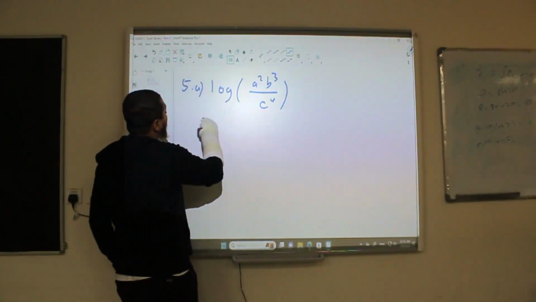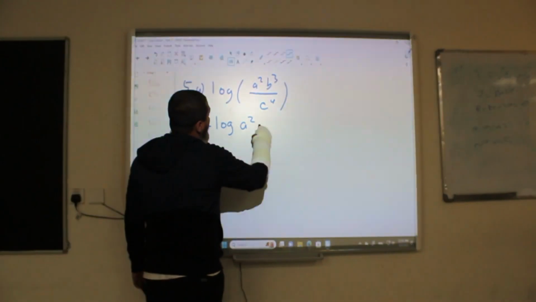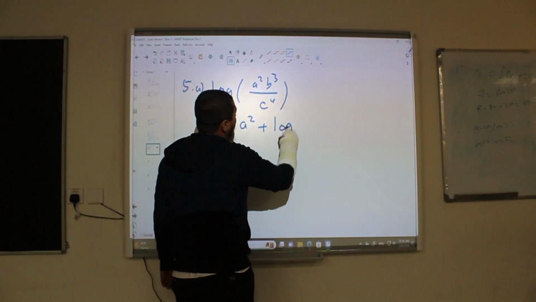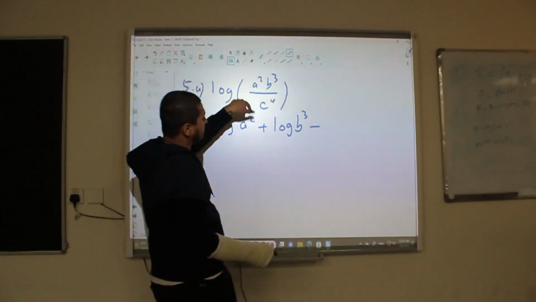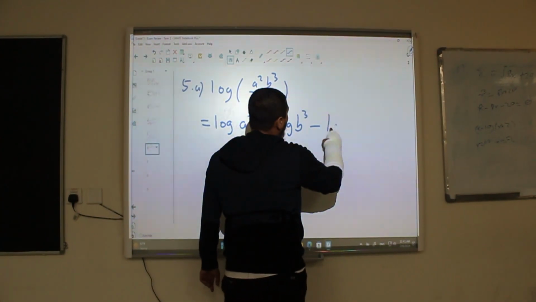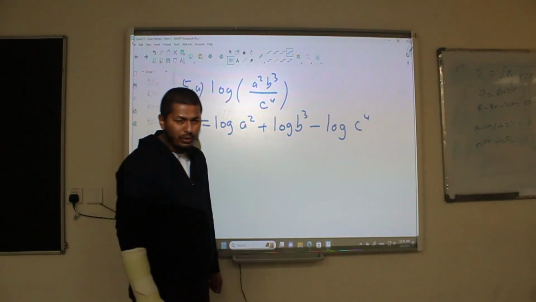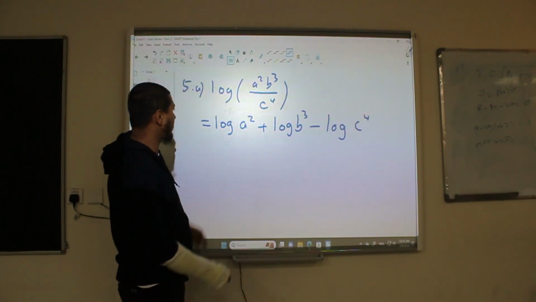So rule number 1, we try to expand. This is log a squared plus log b cubed, minus, because that's in the denominator, log c to the power 4. And then we have the power rule for log, where the power goes to the front and becomes a coefficient.